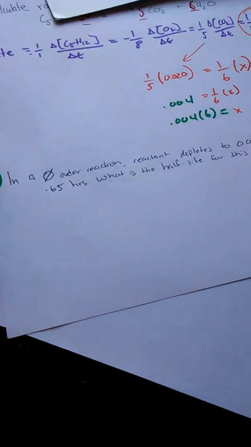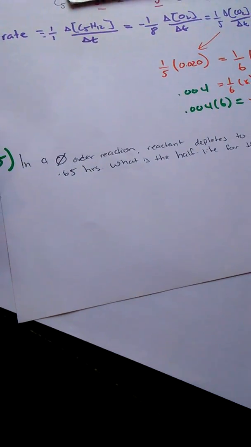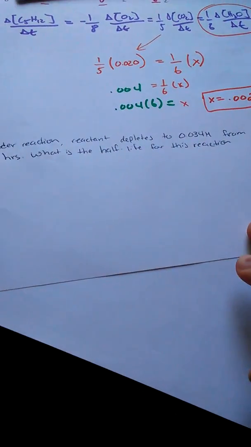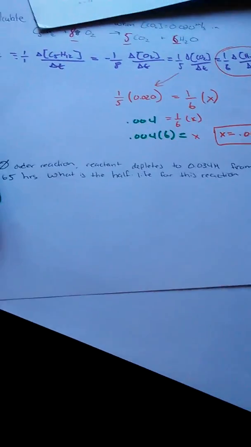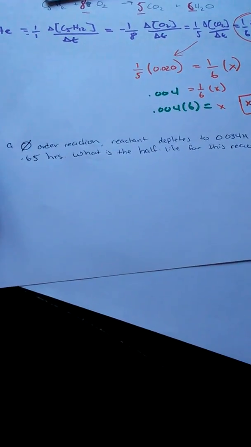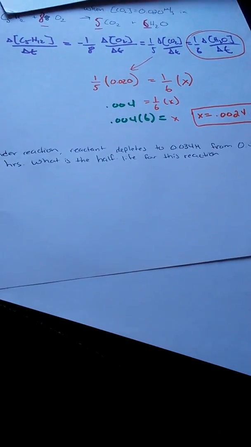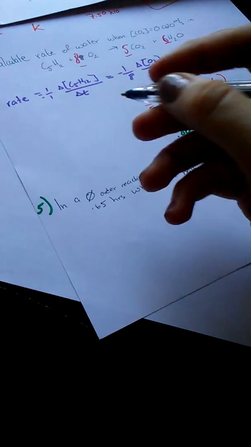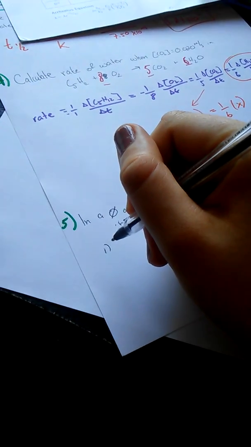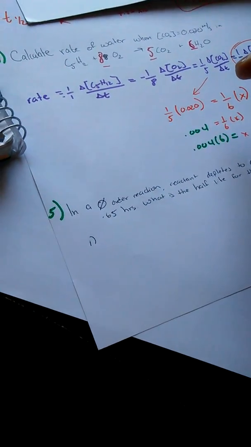It is a zero order reaction, the reactant depletes to 0.034 molar from 0.46 molar in 0.65 hours. What is the half-life for this reaction? So this problem has a two-step solution. Our first step is we go back to this formula.